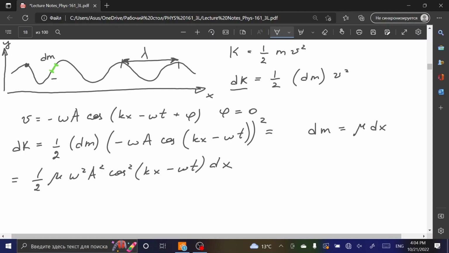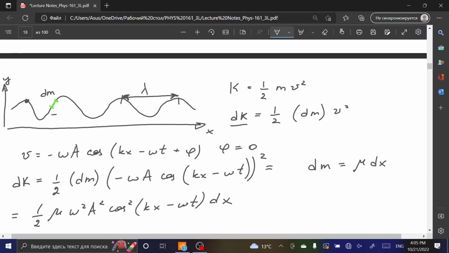Distance between two points in the same phase. Yes, so we pick up two maxima. These are the closest points in the same phase, and the distance between them is the wavelength. Now we want to know the total length of string within this wavelength, and what kinetic energy it possesses.